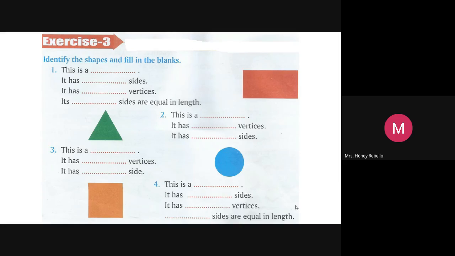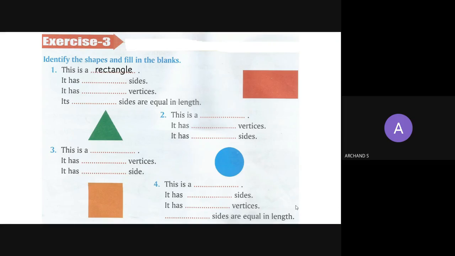This is a triangle. My goodness, see the first one. First one is straight, ma'am, that red one. Not the green one down, that is number 2. This is a rectangle. Yeah, it's a rectangle. I know that you're confused. Now, how many sides? It has dash sides.